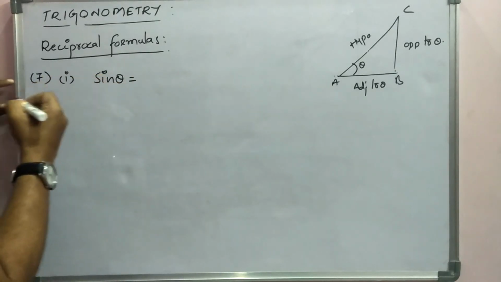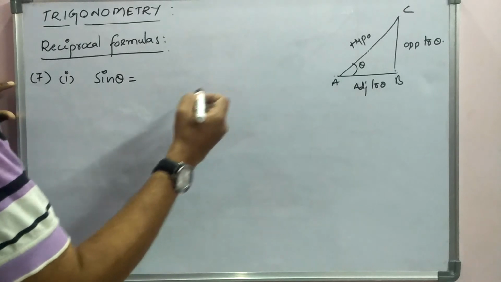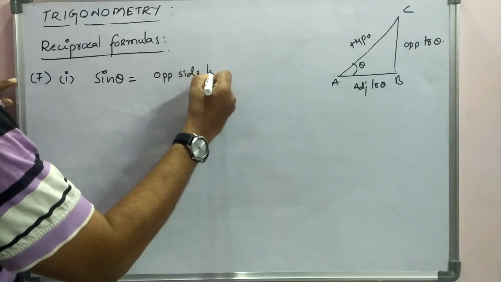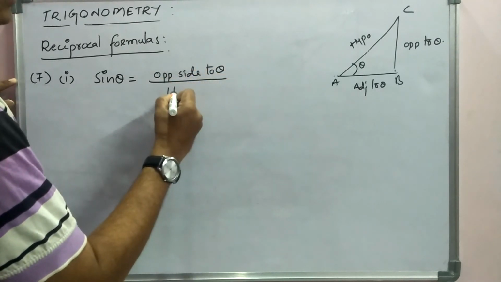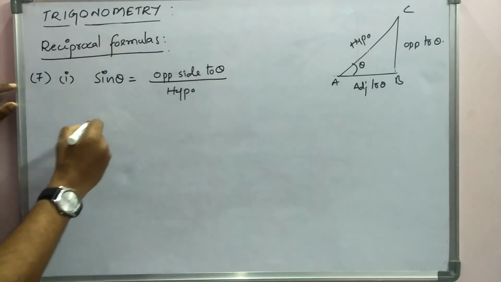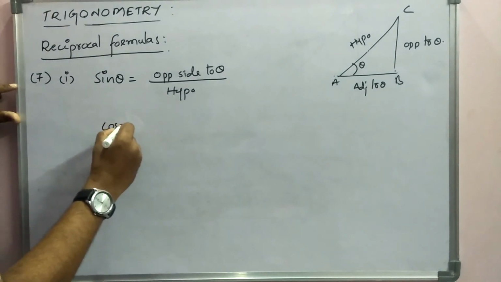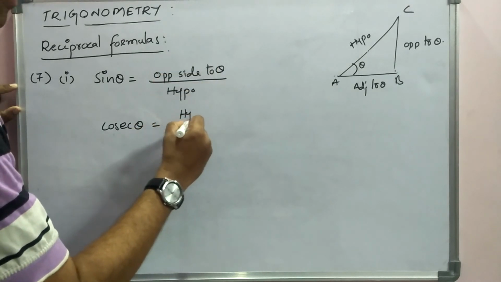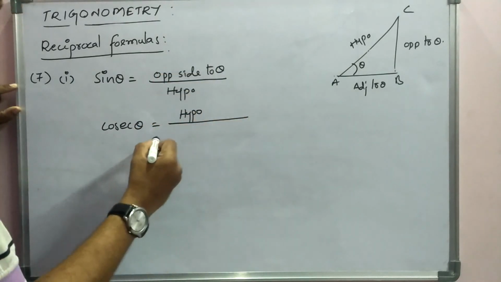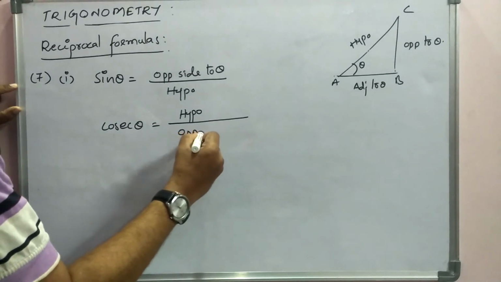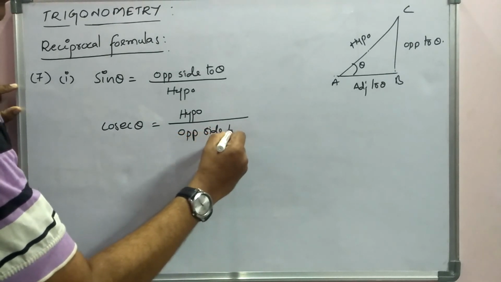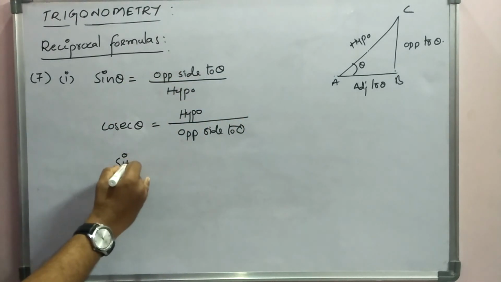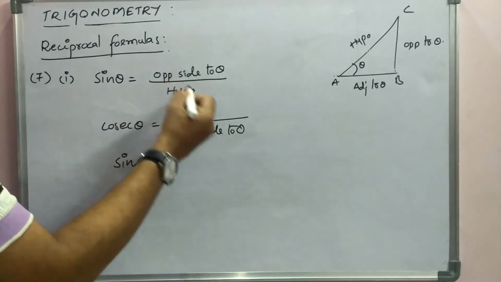You observe the sine theta value we discussed: opposite side to theta by hypotenuse. Whereas cosecant theta, or cosec theta, we wrote as hypotenuse by opposite side to theta. You observe carefully, sine theta is the opposite of cosec theta. This is the first formula.